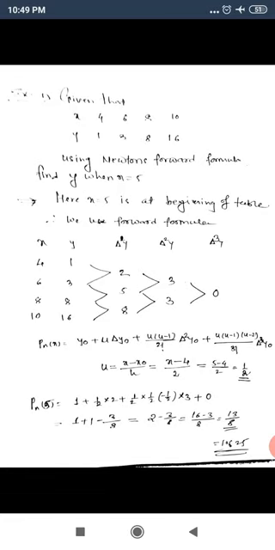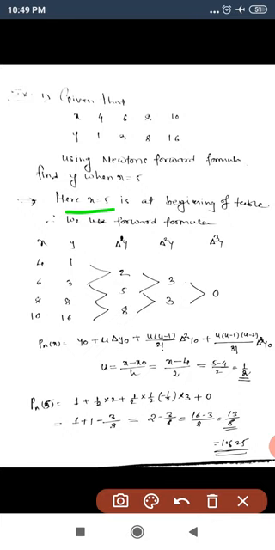This x equal to 5 value is at the beginning of the table. Therefore, we use the forward formula. If you want to calculate values near the end of the table, for example the value of y at x equal to 9, then we will use the backward difference formula.